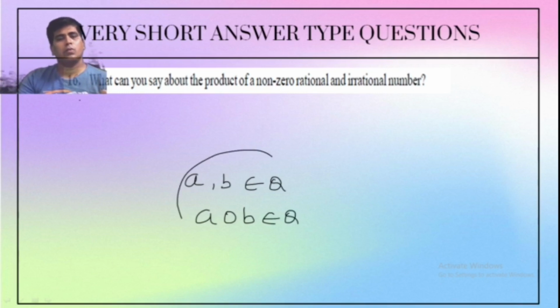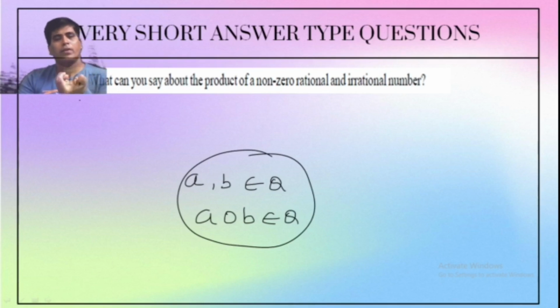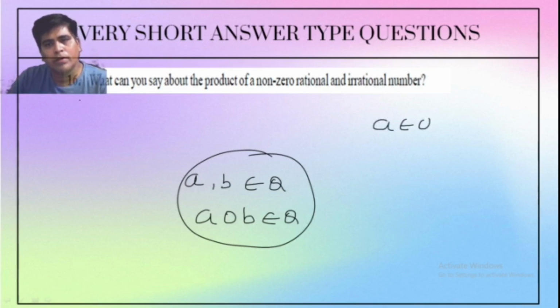If you take two rational numbers, whatever the operation, always it is a rational number. Come to this one. One we are taking a rational number and one we are taking an irrational number.